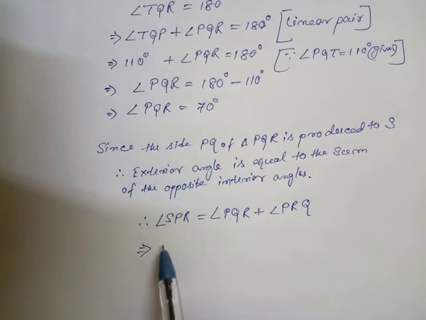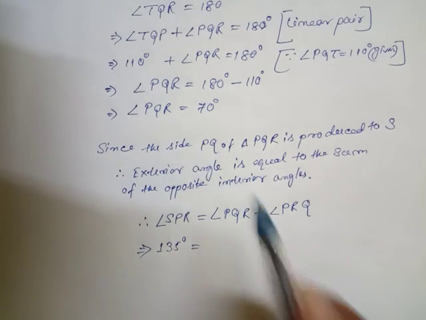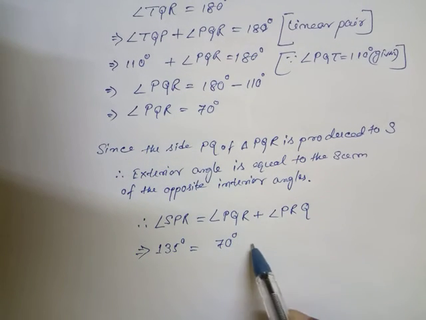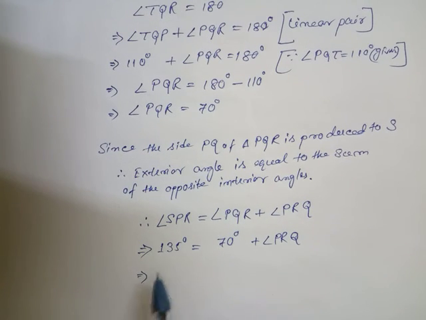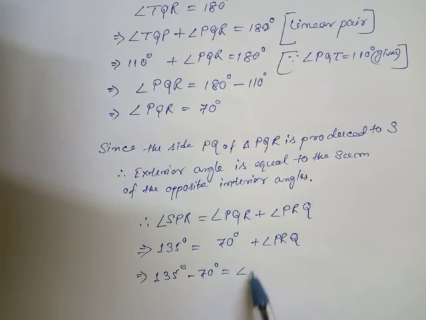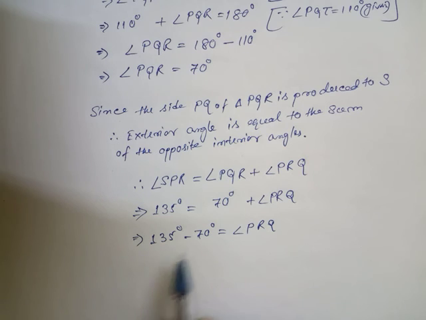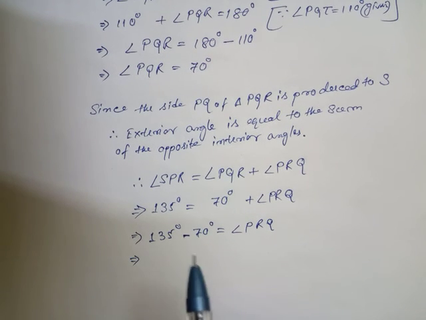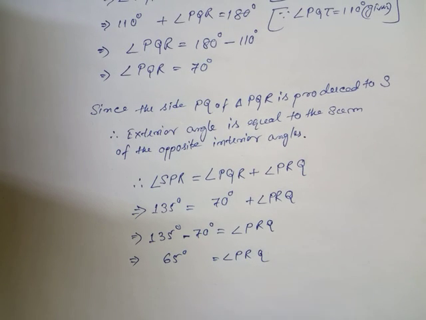The value of SPR is 135 degrees, and the value of PQR is 70. We'll write down 70, and PRQ we have to find out. Now look, we'll take 70 to that side, it becomes minus, so 135 degrees minus 70 degrees equals PRQ. After subtracting, the answer is PRQ equals 65 degrees. This is the answer which we had to find in this question.